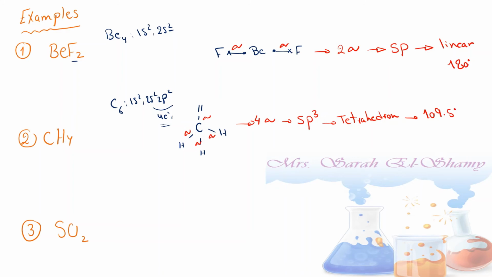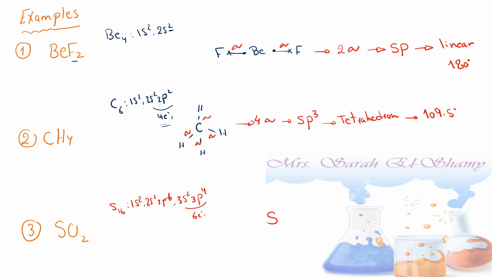Okay, the next example, SO2. Okay, SO2, the S has 16. So let's make a configuration for it. 1s2, 2s2, 2p6. Now it's 10. 3s2, 3p4. So it has how many valence electrons? It has 6 valence electrons. So S is here.